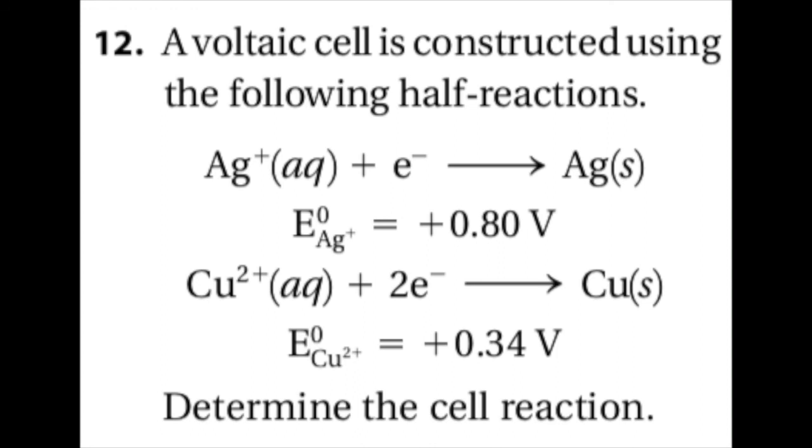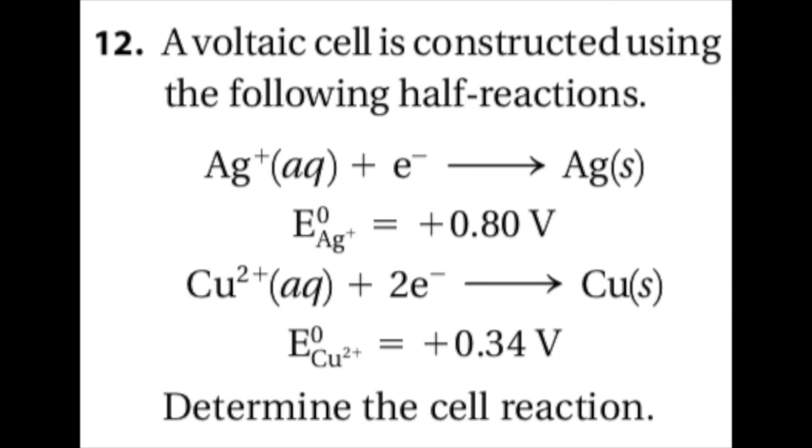So, I can write the silver reaction as is, that's the reduction half cell, and then I have to write the copper plus 2 to copper in the reverse form and then add the two equations. So let's do that and see what we get. So I would write silver plus 1 plus copper yields silver plus copper plus 2.